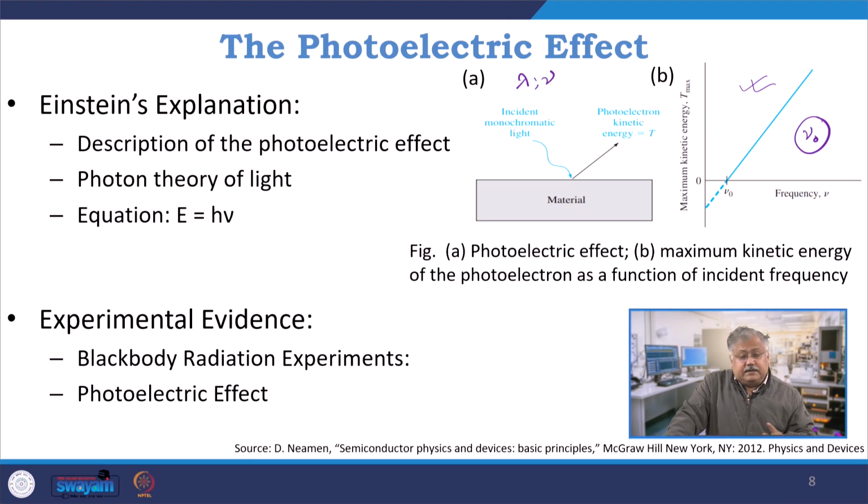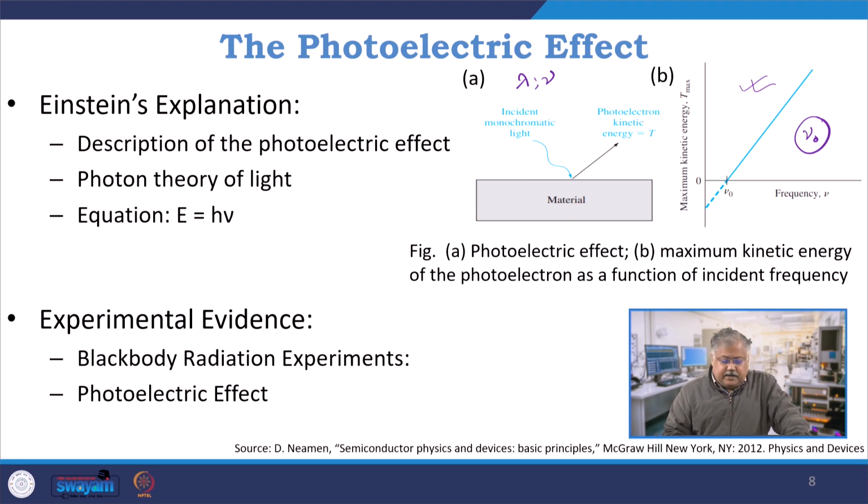Whereas classical mechanics says that as long as you go on increasing nu or the intensity of the light, more electrons should come out of it. But that didn't appear in the photoelectric effect. Till a particular frequency nu naught, you didn't have any output, but beyond nu naught there was a linear increase in the maximum kinetic energy of the electron.